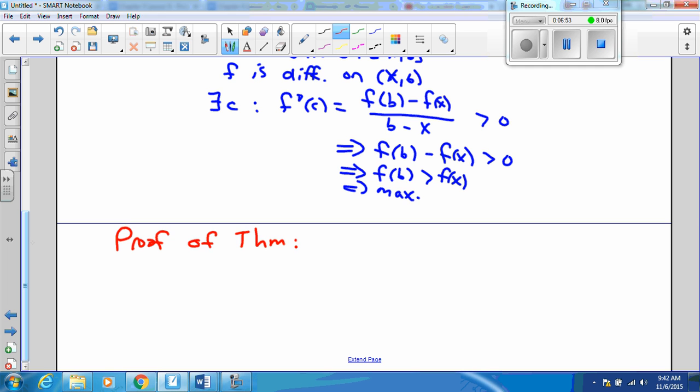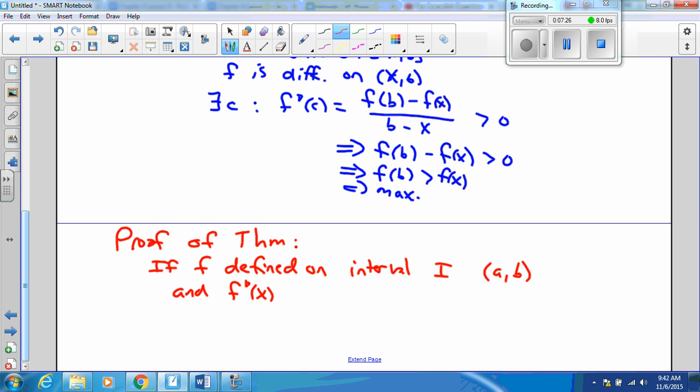And it's pretty simple. If f is defined on some interval, and we don't really care if it's an open or closed interval, let's just call it an open interval a to b, but it might be closed, and a or b might be infinity or negative infinity.